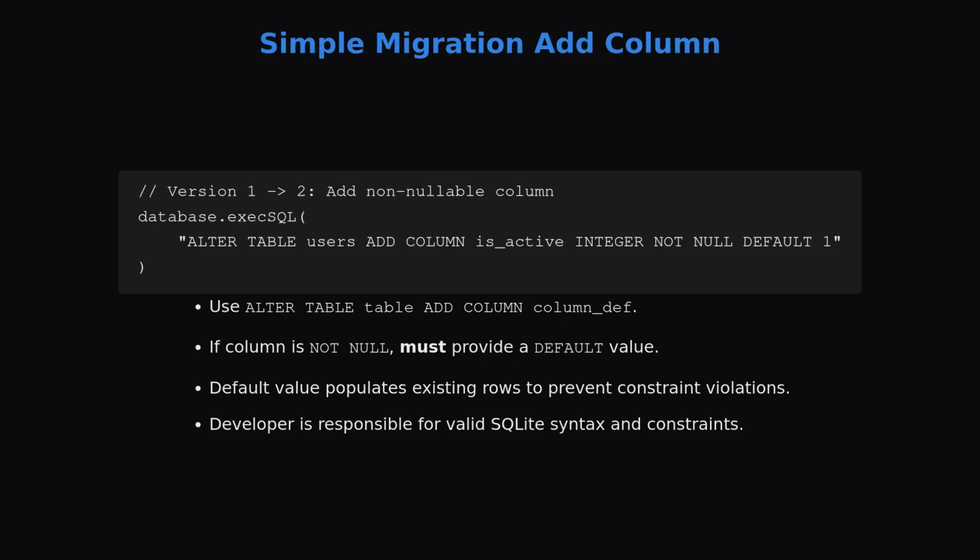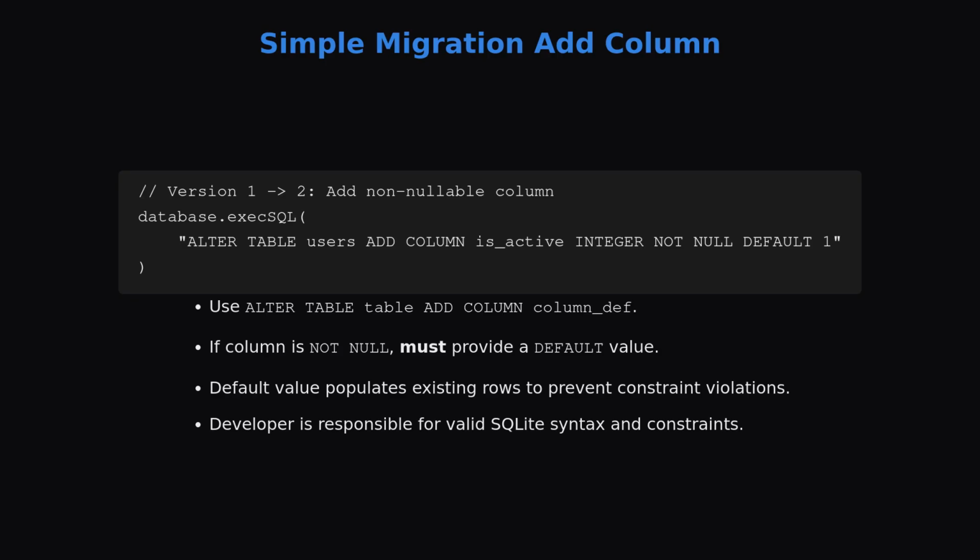Adding a new column is the most straightforward migration scenario, executed using the SQLite ALTER TABLE ADD COLUMN command. If the new column is defined as not null in your entity, the ALTER TABLE statement must explicitly include a default value.